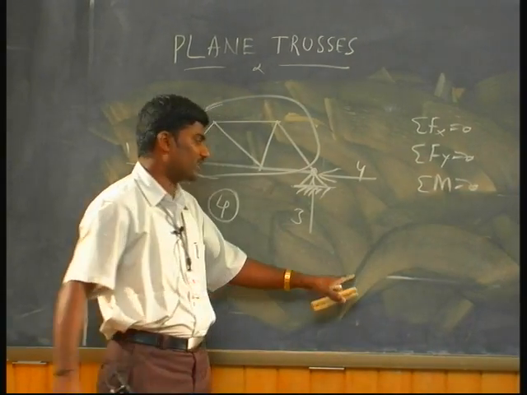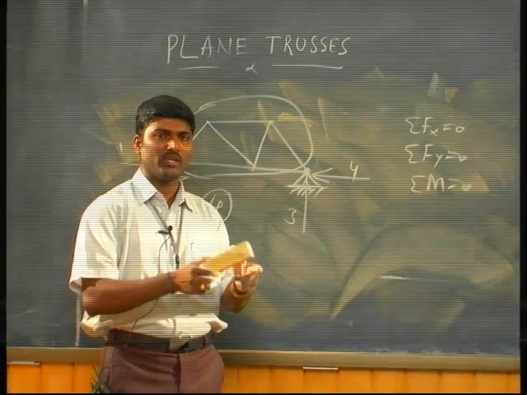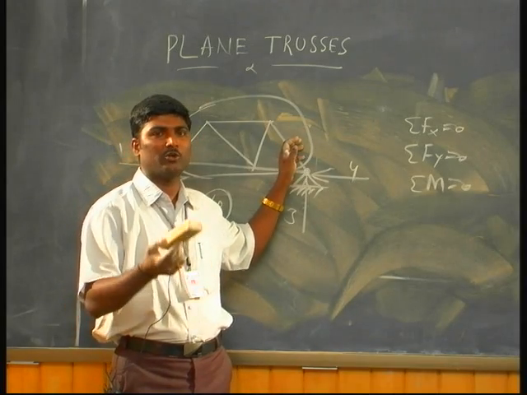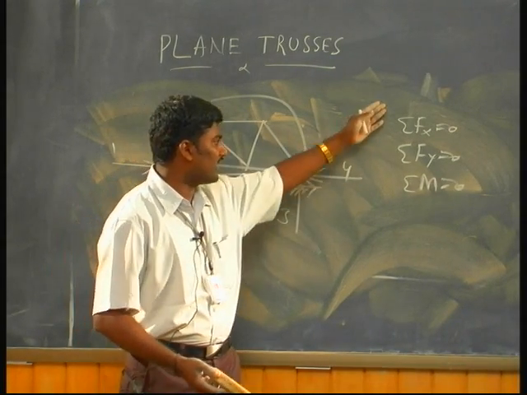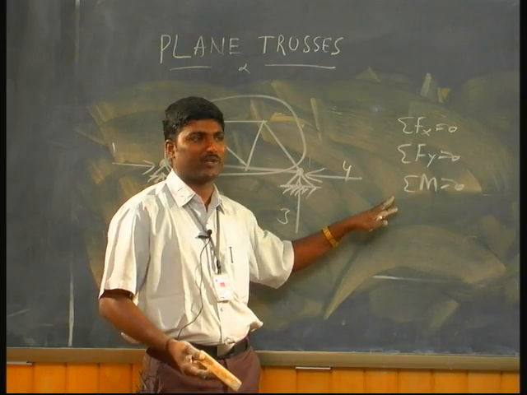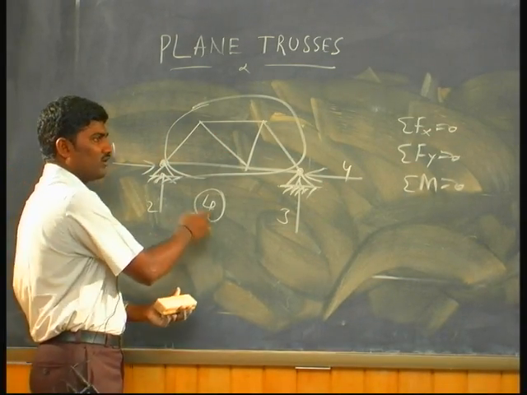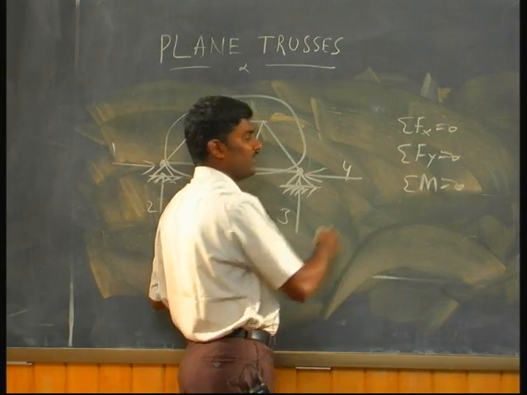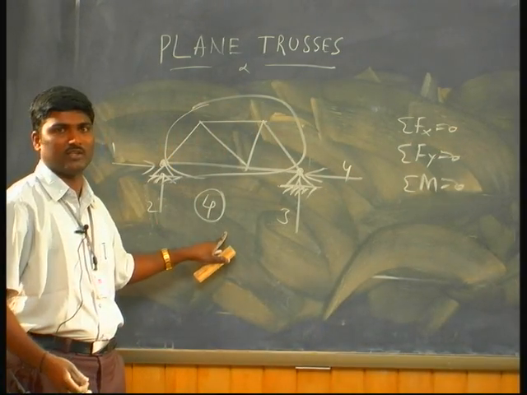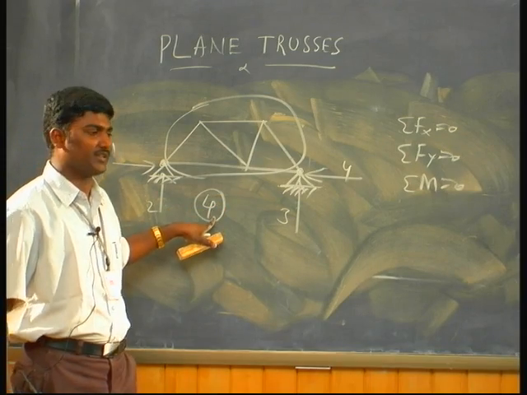I think I have explained that one. For a member or a body to be in complete equilibrium, you need 3 things to be satisfied. So these 3 things are to be satisfied, but you have 4 unknowns, you have 3 equations. That is why you cannot solve this truss. It is externally indeterminate.